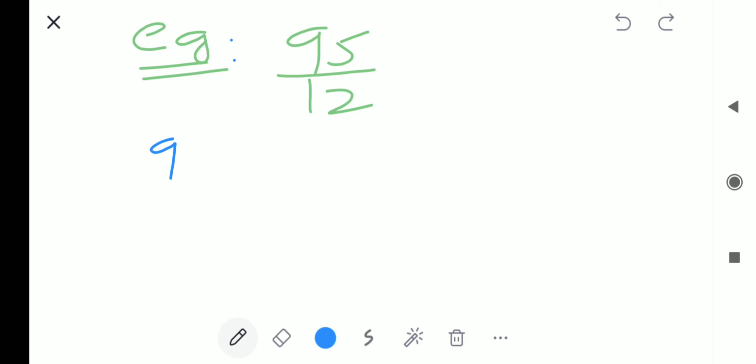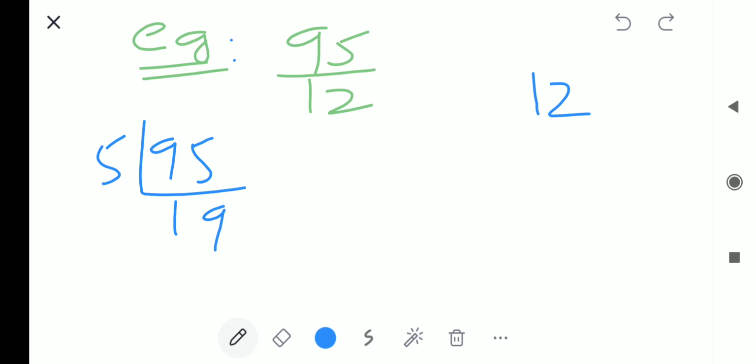First, let me find the prime factorization of the numerator. 5 19s are 95. So here both 5 and 19 are prime factors. So I can write 95 as 5 into 19.